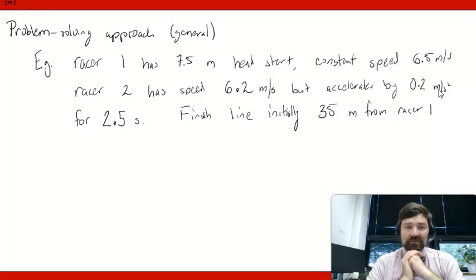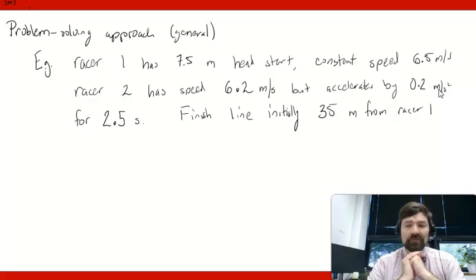The other one has a slightly slower speed, 6.2 meters per second, but they put on a sudden burst of speed as they see the finish line. So they kind of accelerate by 0.2 meters per second squared for 2.5 seconds, after which they're presumed to just maintain a steady speed. And we're told that the finish line is initially 35 meters from racer number 1.